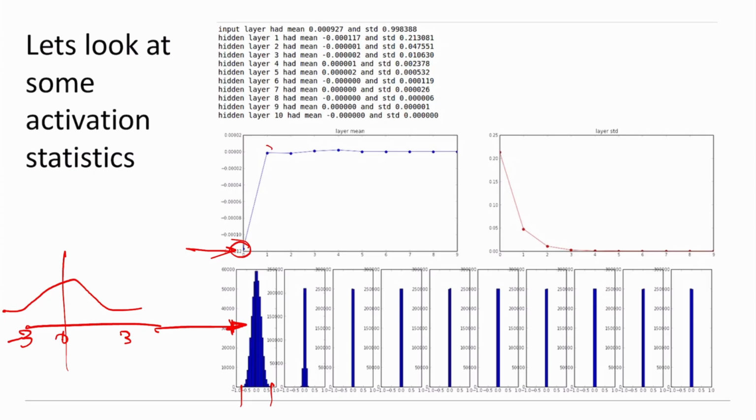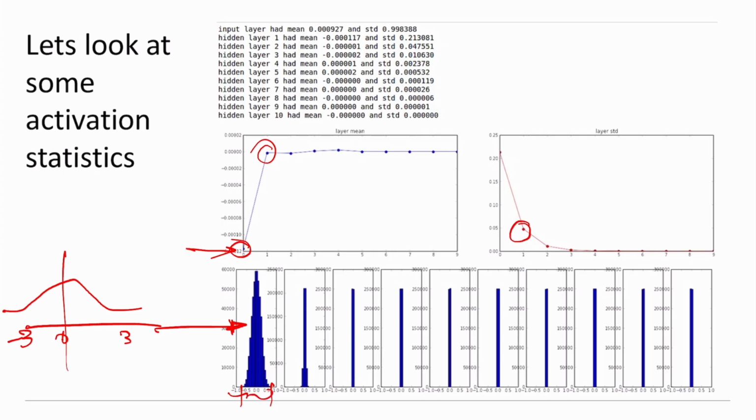The mean remains the same because the weights are distributed around 0, so the activations are also distributed around 0. So the mean is fine. And then look at the standard deviation. It has already come down to 0.05, which we can clearly see here.